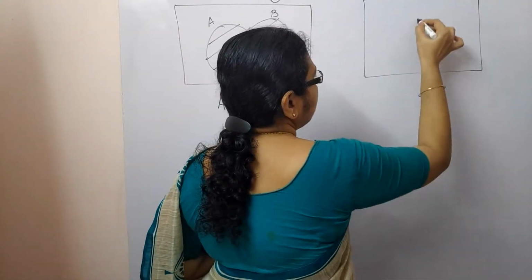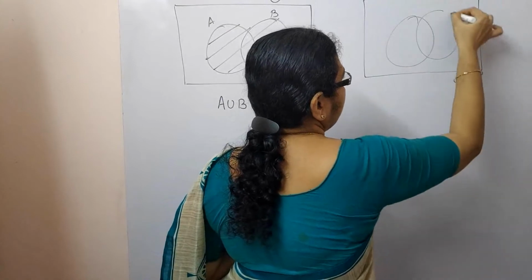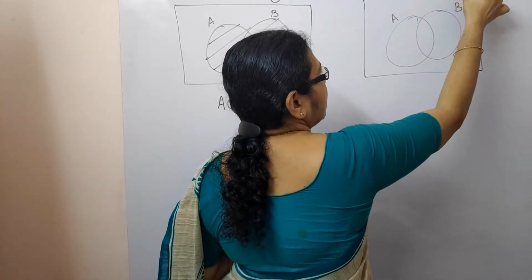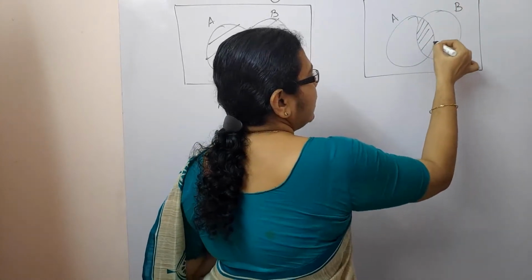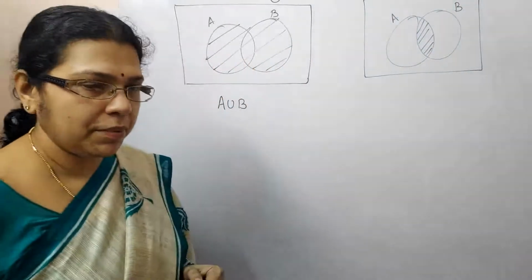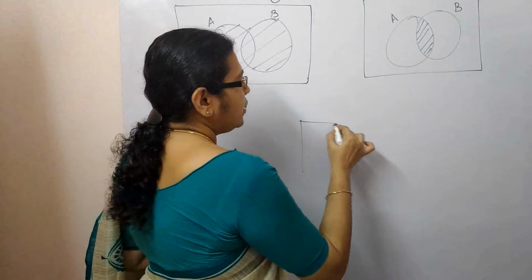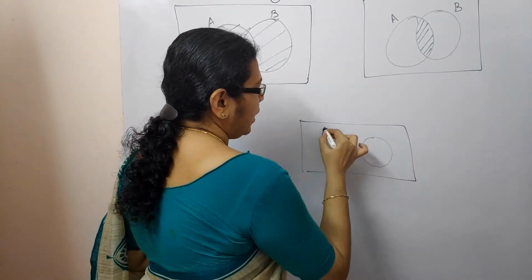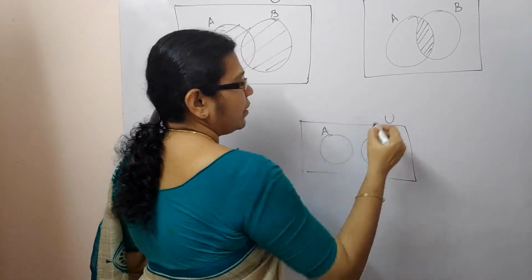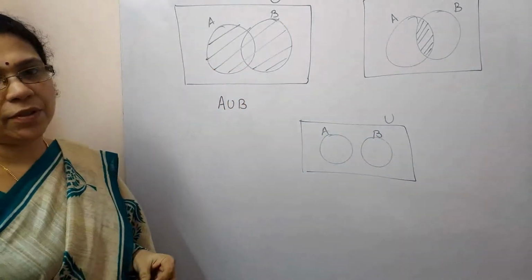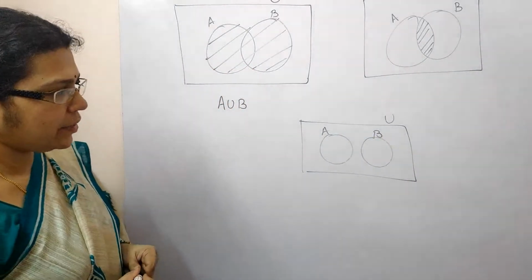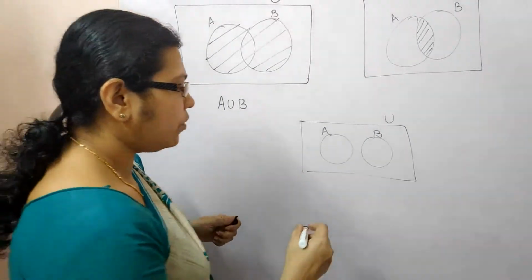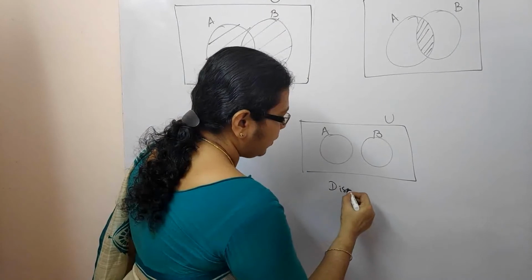There are two sets, A and B, and their intersection is the common part. This is A intersection B. And then disjoint sets we had already discussed. Under the universal set, you have two sets A and B, and this is how the disjoint sets appear in a Venn diagram.